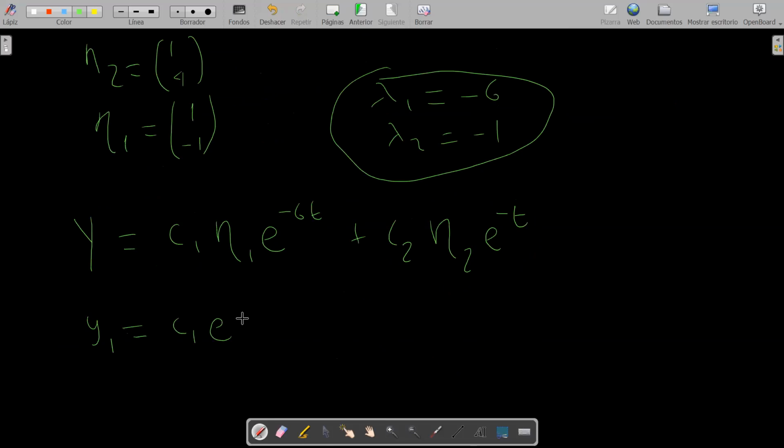times 1 e to the -6t plus C2 times 1 times e to the -2t, and then Y2 will be -1 times e to the -6t plus C2 times 4.